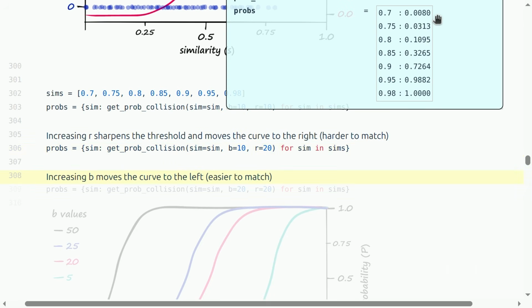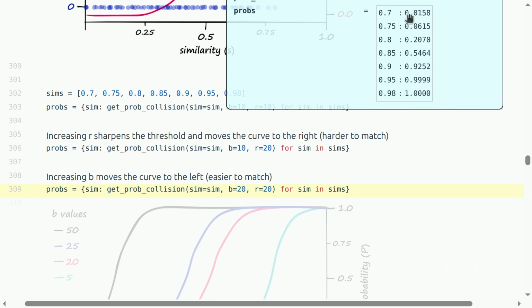And then increasing B has the effect of moving the curve to the left. It makes it easier to match. B is the number of bands, and some band has to match. If you have more bands, then there are more chances of matching. So if you look at before and after, this 0.9 was only 0.72, and now it's 0.92.